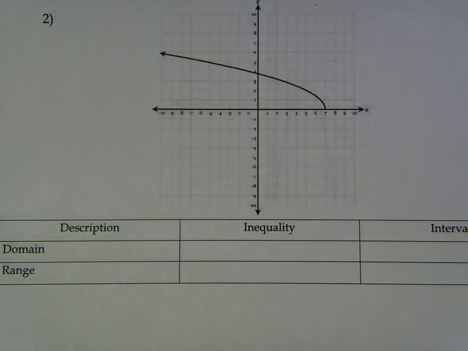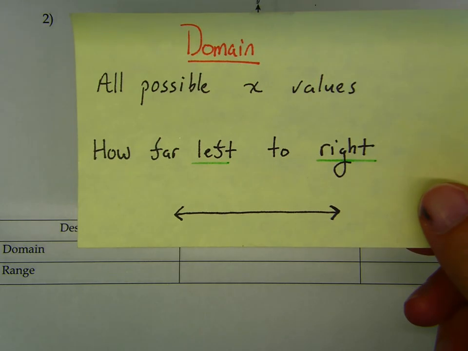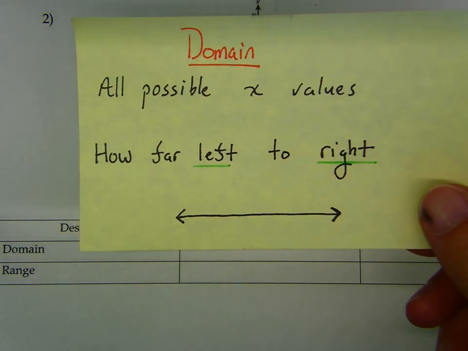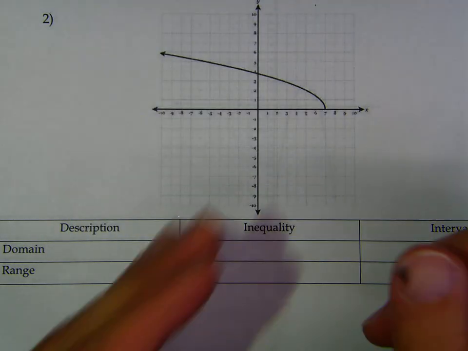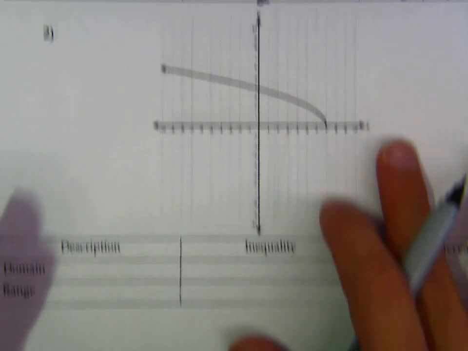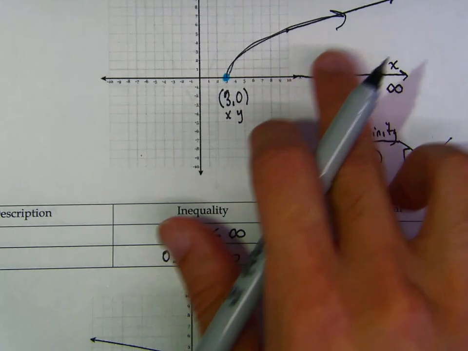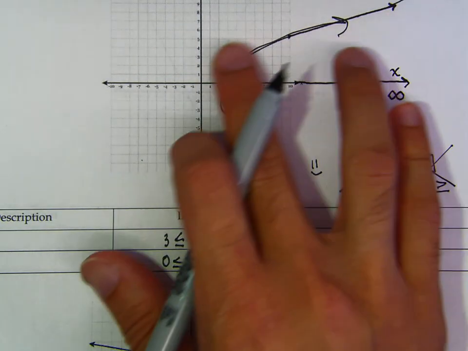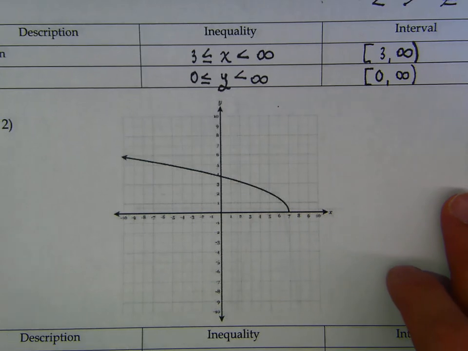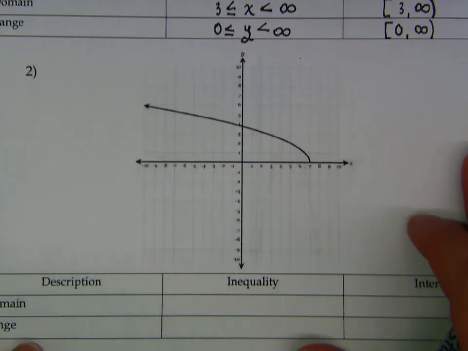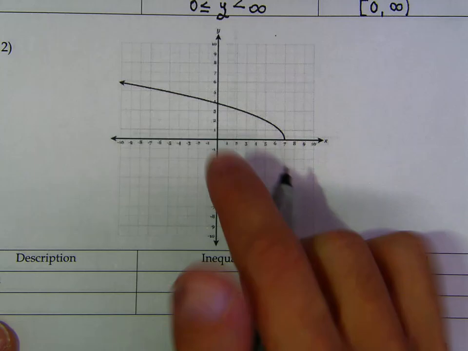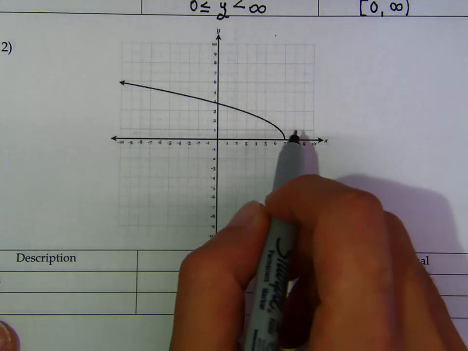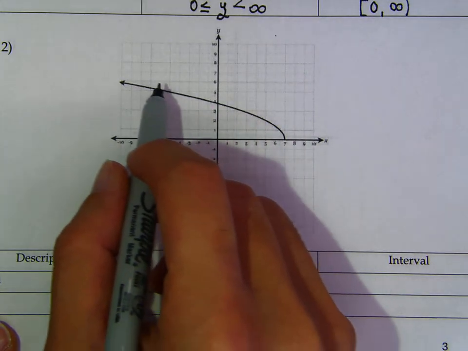So let's take a look. Domain is, let's remember, how far left, how far right. So notice we have to start on the left side. The same thing here. We didn't start over here on the right side, we started on the left side. So where is the leftmost point of this graph?